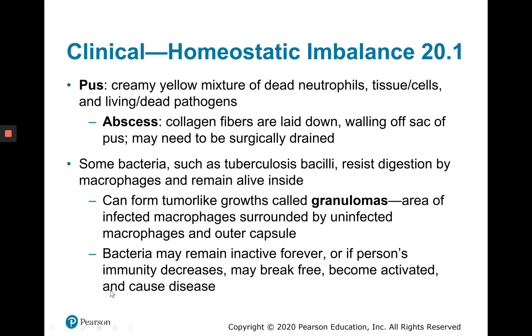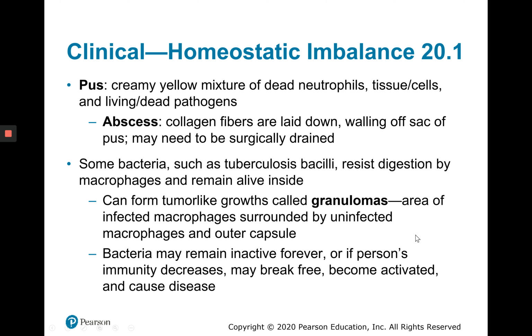Some bacteria, such as tuberculosis bacilli, which we talked about before, we know are resistant to certain types of digestion by macrophages, especially if we're using those acidic lysosomal enzymes. So it's possible that they form tumor-like growths, kind of similar to an abscess, but it's only going to contain bacteria that are resistant to digestion.